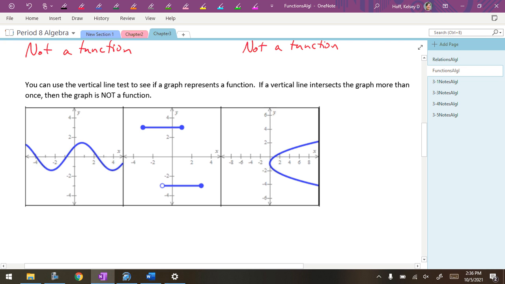Crosses the graph more than once, then it's not a function. If I start sliding your pencil across this graph, is it touching the blue curve more than once? No. So this, yes, is a function.